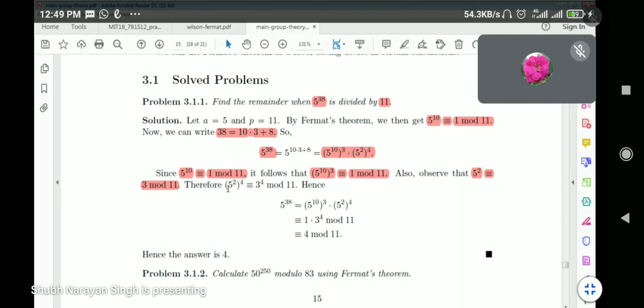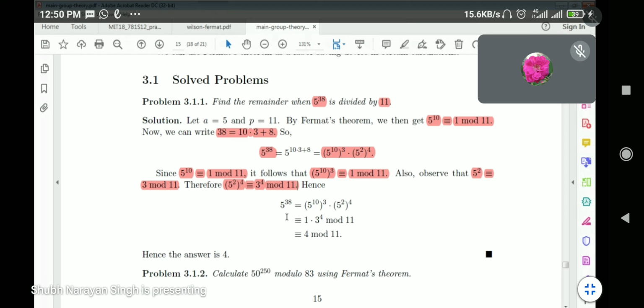Then, raising both sides to the power 4 by using elementary properties of congruence, we get (5^2)^4 is congruent to 3^4 modulo 11.